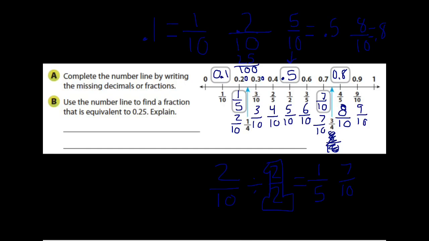If I look below, so if I draw an arrow down, I see that the fraction 1 over 4 is pointing at the same part of the number line.